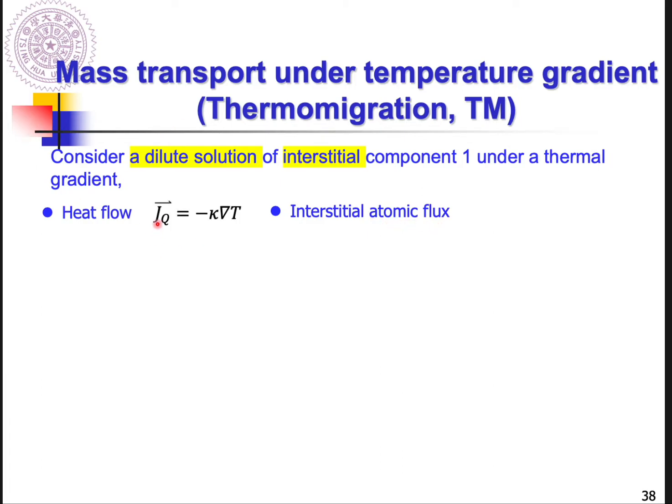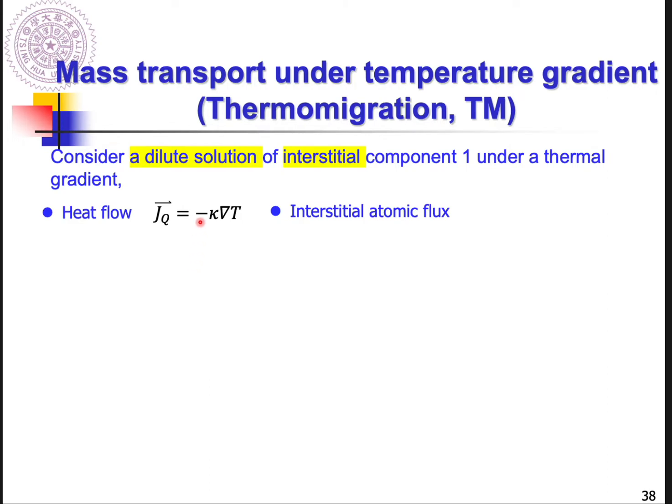So the heat flux can be based on Fourier's law. You can write it down as minus kappa times the temperature gradient. Or some people want to write J capital Q as directly driven by the temperature gradient, minus the temperature gradient divided by T times L_QQ, plus the minus chemical potential gradient times the coupling term.